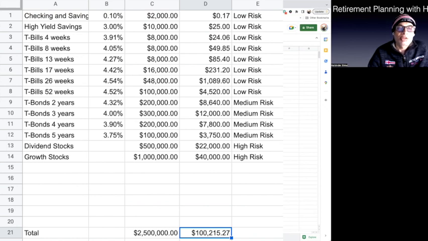Some years you might see more bond interest generated, and some years less. Some years you might have more than 4% growth in your growth stocks or dividend stocks, while we are saying that you are withdrawing from these. But the goal is to have 100,000 withdrawn in this fashion.